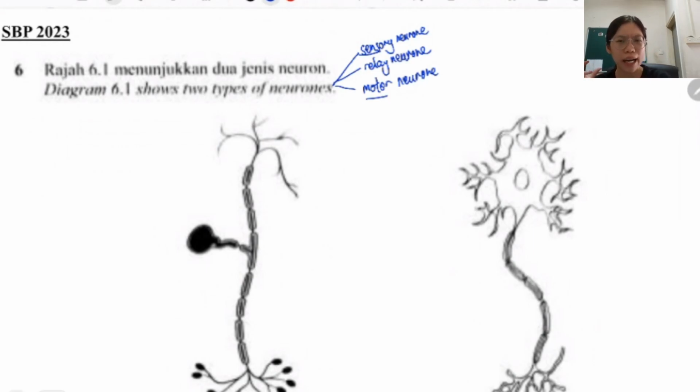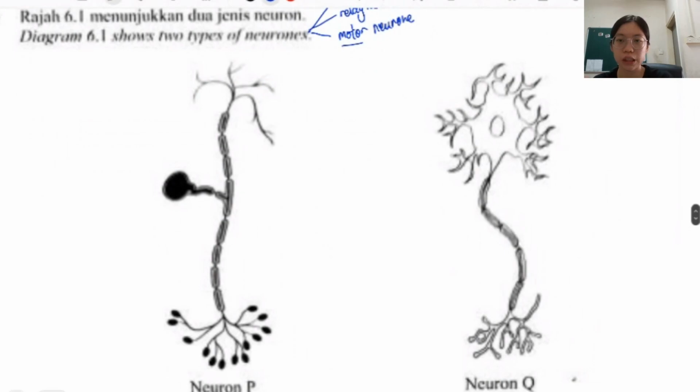So how can you identify the differences between them? First of all, we can see this is the cell body. But can you see the difference between these two cell bodies? They are located in different places. One is at the middle, one is at the end.